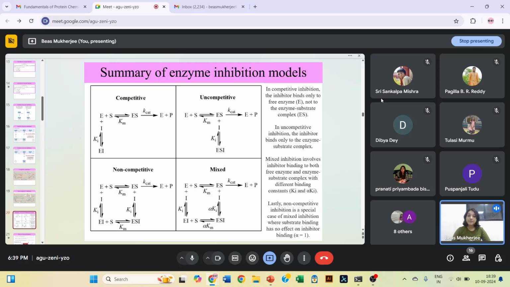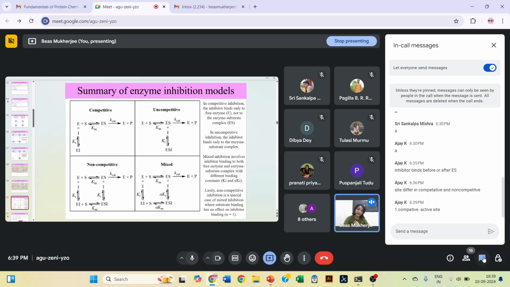Okay. In mixed inhibition, what is happening? Competitive, active site. Yes, correct. The competitive inhibitor is binding at the active site. Now in mixed inhibition, the inhibitor binds to both free enzyme and the enzyme substrate complex with different binding constants.